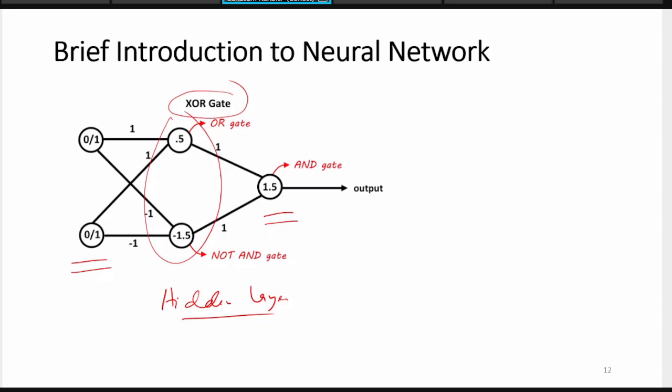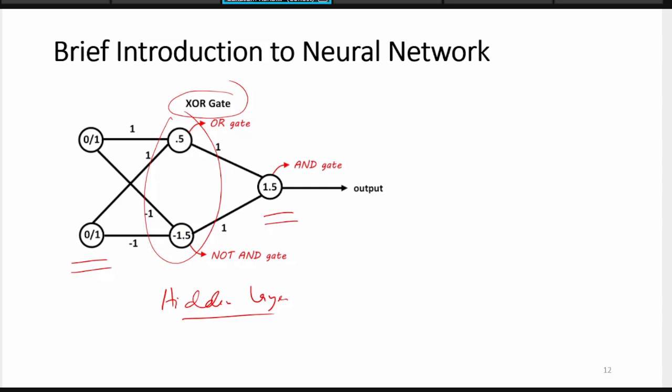The more hidden layers you have, the more you may be able to represent the input in a more detailed manner. When you say deep neural network, deep generally refers to how many hidden layers you have. If you have lots of hidden layers, then your network is considered to be deep. So a deep neural network is nothing but the same neural network with multiple hidden layers.